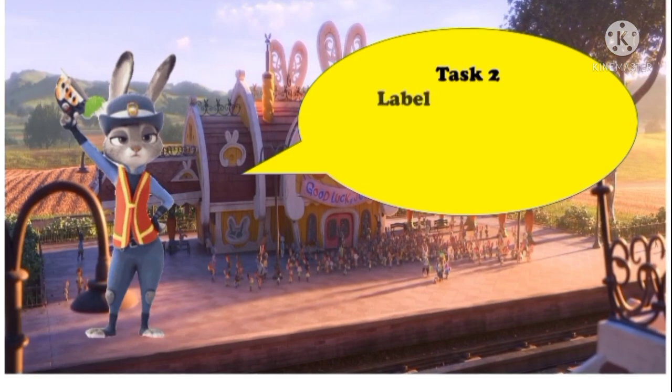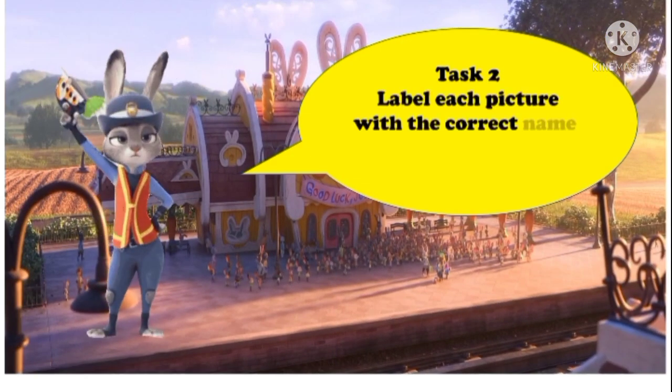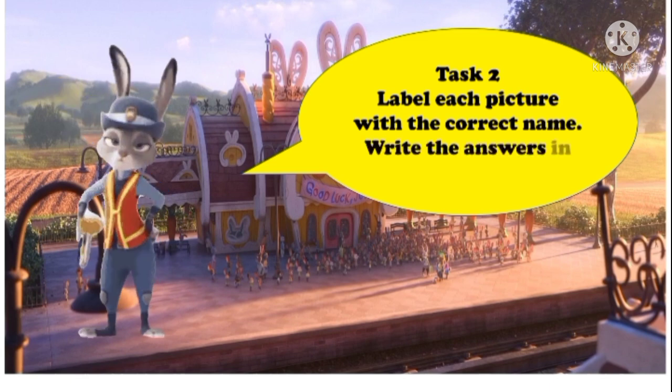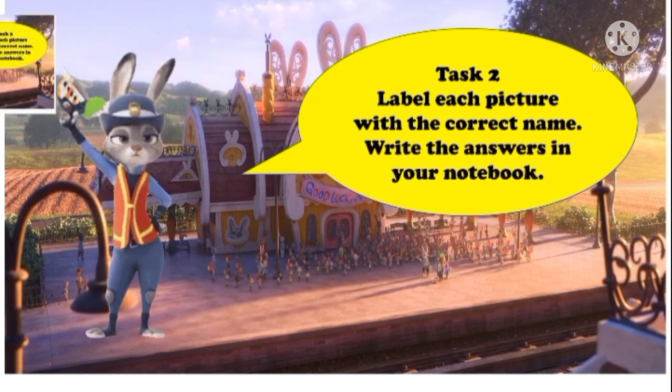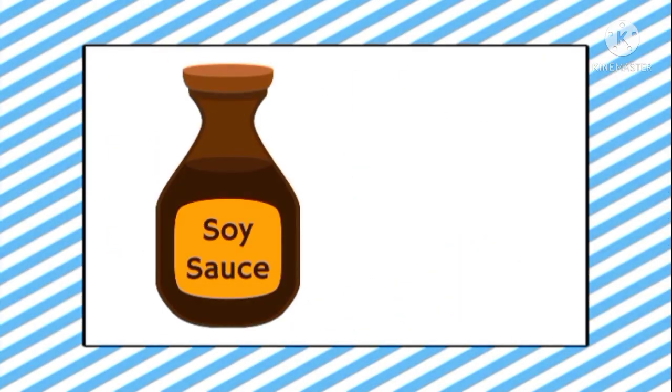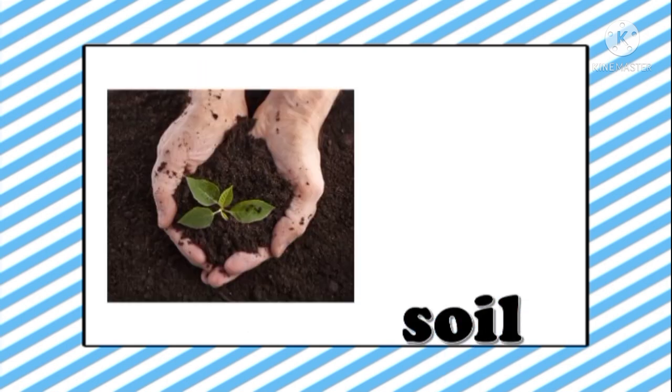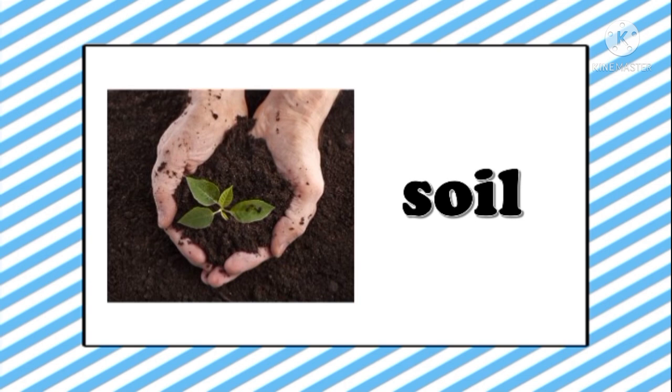Let us proceed to Task 2. Label each picture with the correct name. Write the answers in your notebook. First picture, soy. Second picture, soil.